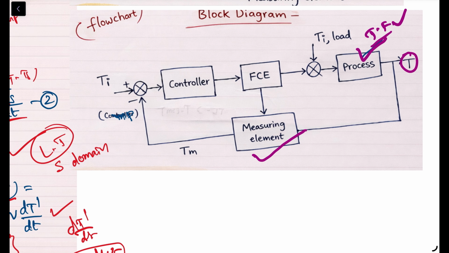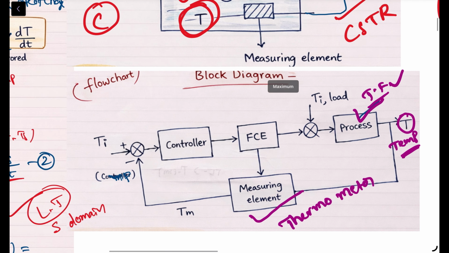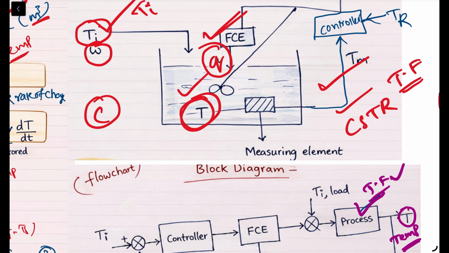In our example, the control variable is the temperature, so we use a thermometer to measure the reactor temperature. The measuring element here is the thermometer, which identifies how much temperature is inside the tank.